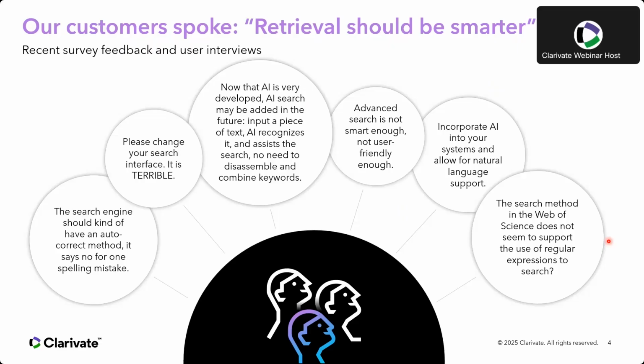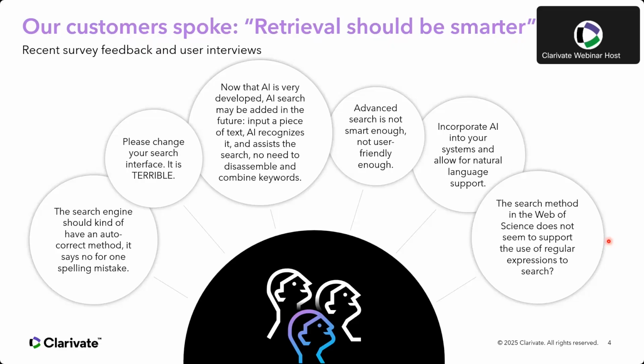I have to say, we do this type of survey exercise on a regular basis. We ask customers, and of course, search comes back quite often in the top categories we receive feedback on through our surveys.